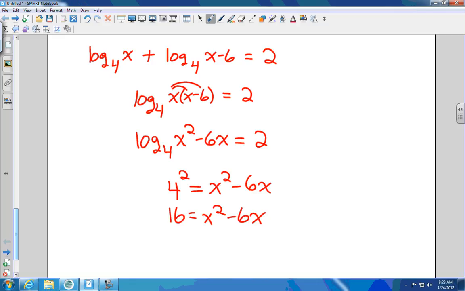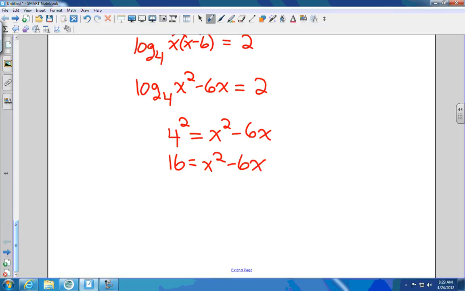What do we need to do now? So we have 0 equals x squared minus 6x minus 16. What is x?